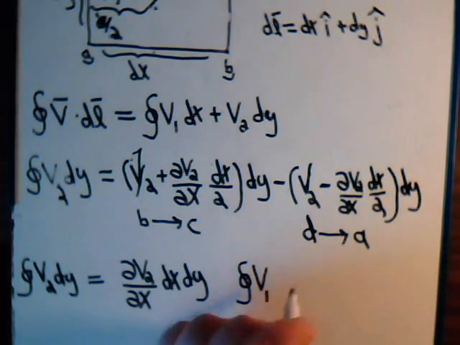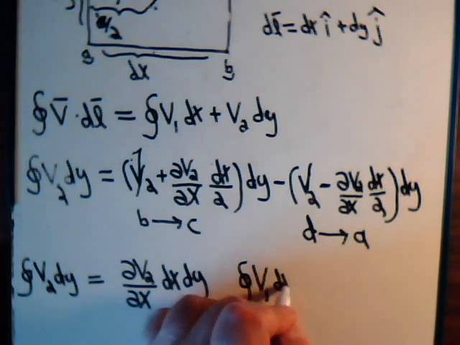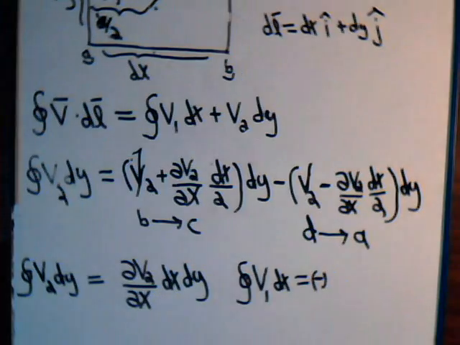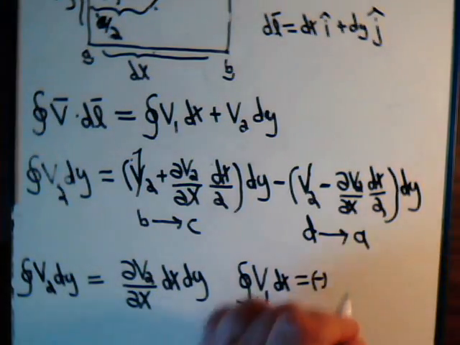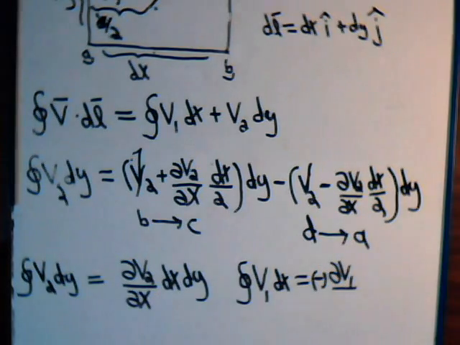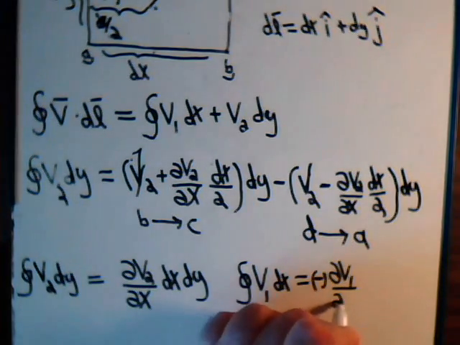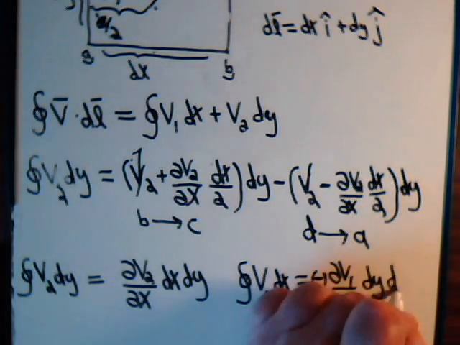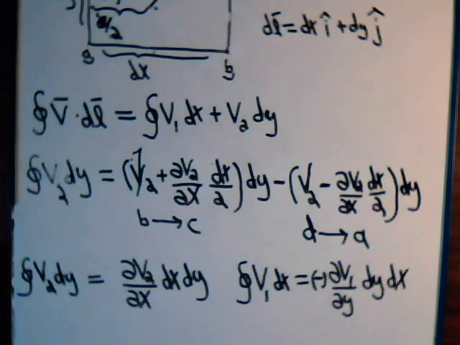That was v1 dx. That equaled, it was negative. Then we had the partial of v1 with respect to y. And we had dy dx.